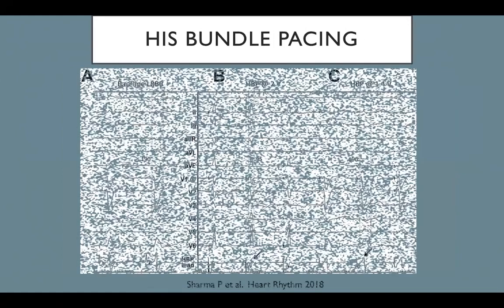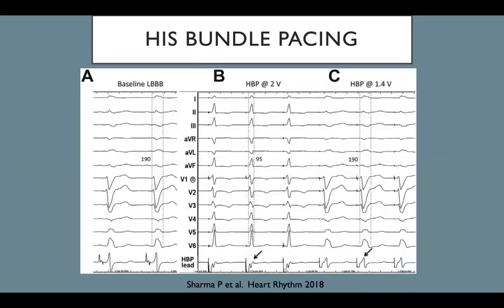Again, this slide just illustrates what happens. On the left panel in A, in the middle of the panel, if you look at that, I'll circle that, that's basically the left bundle, that's the intrinsic rhythm for the patient. Then when you pace and you're successful in capturing the His bundle, you see a very much narrower QRS complex, labeled around 95 milliseconds there.